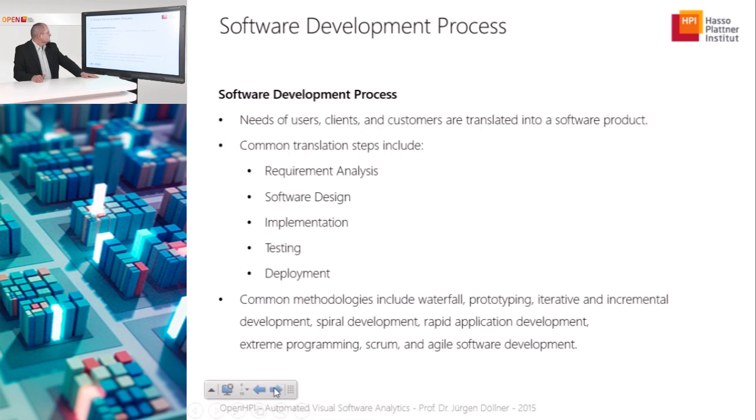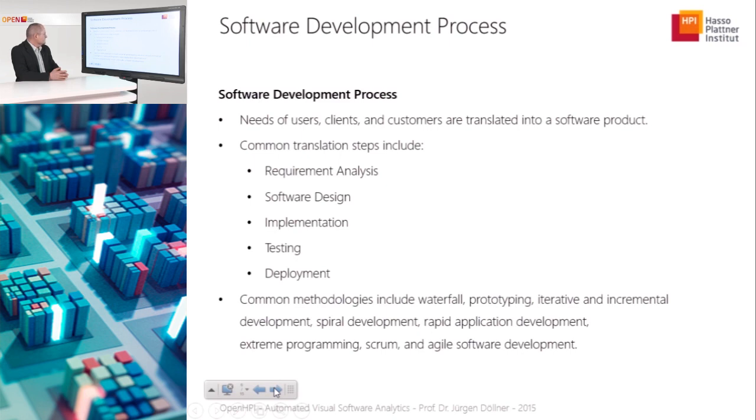First, let's have a look at the software development process. The software development process reflects the user's needs and translates these needs into features of a software product. Common translation steps include requirement analysis, software design, the implementations, testing procedures and frameworks, as well as deployment activities.